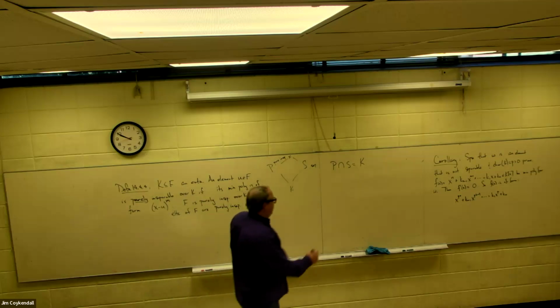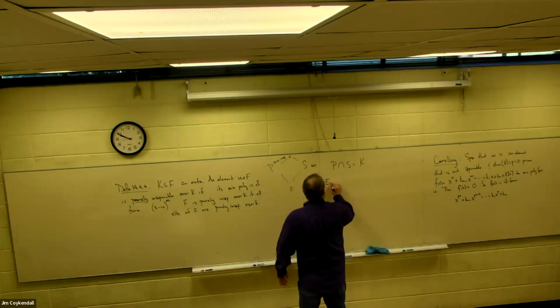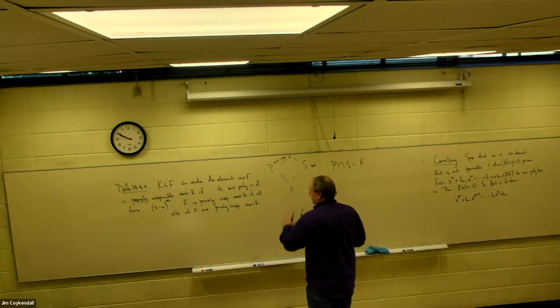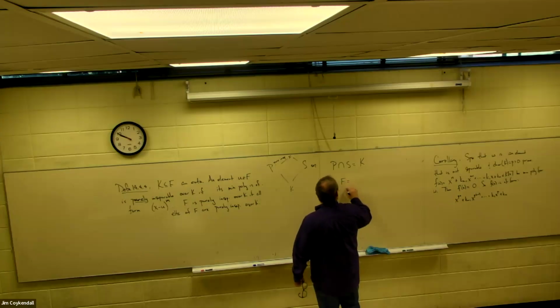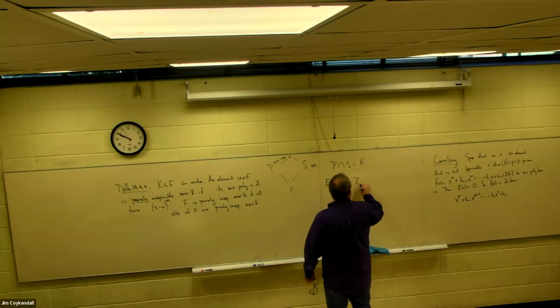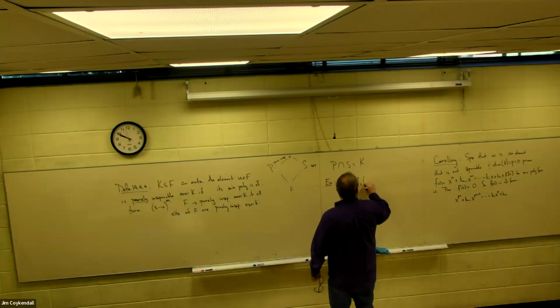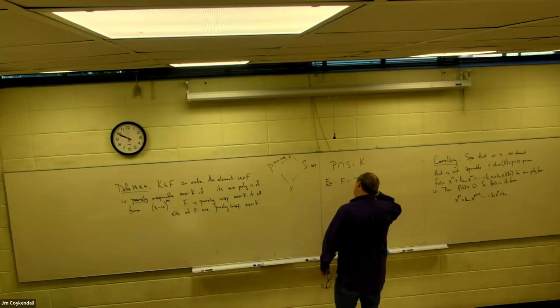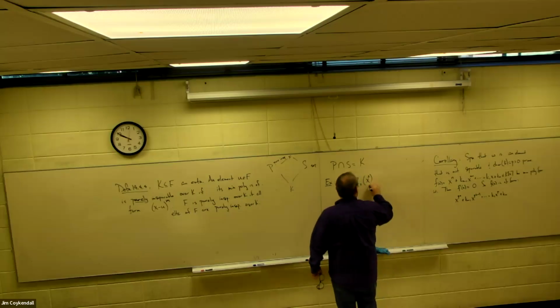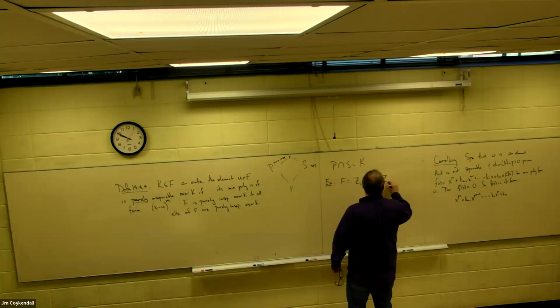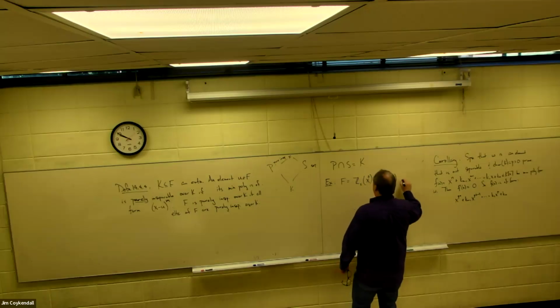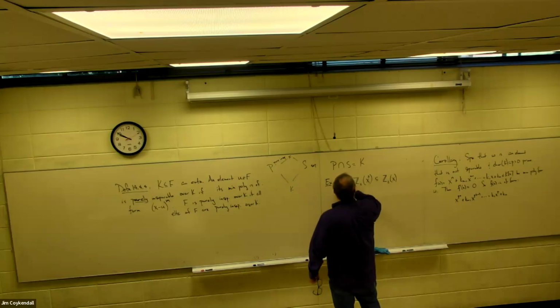Here's an example. Let F equal Z2 of x, rational functions. Call this one K. This is the baby.